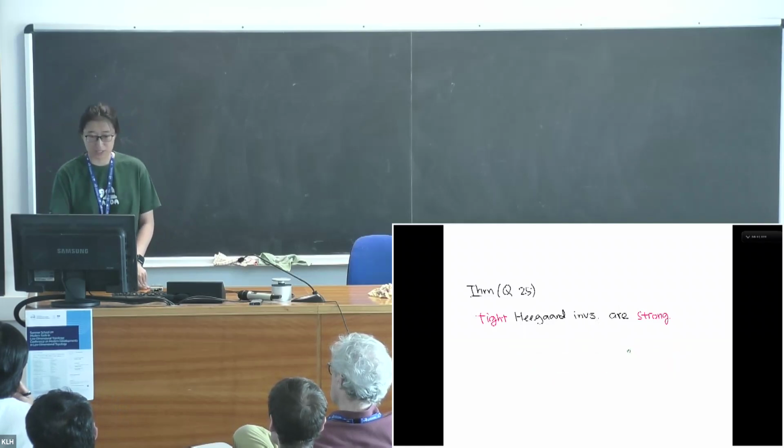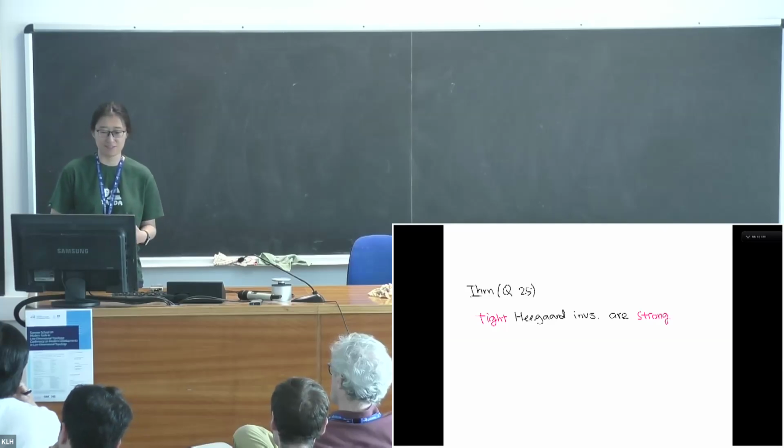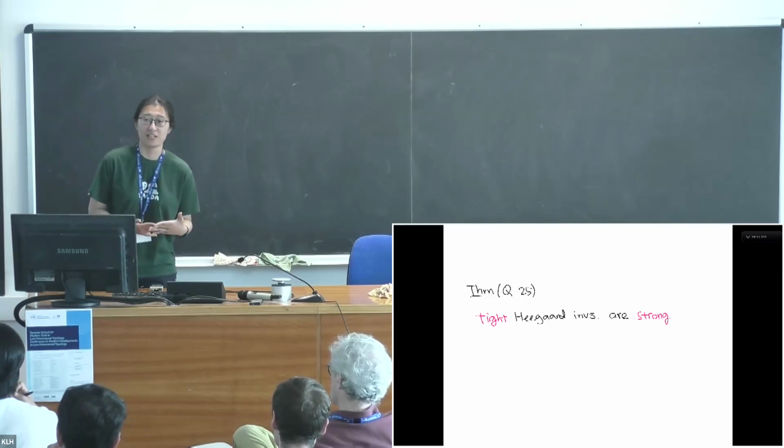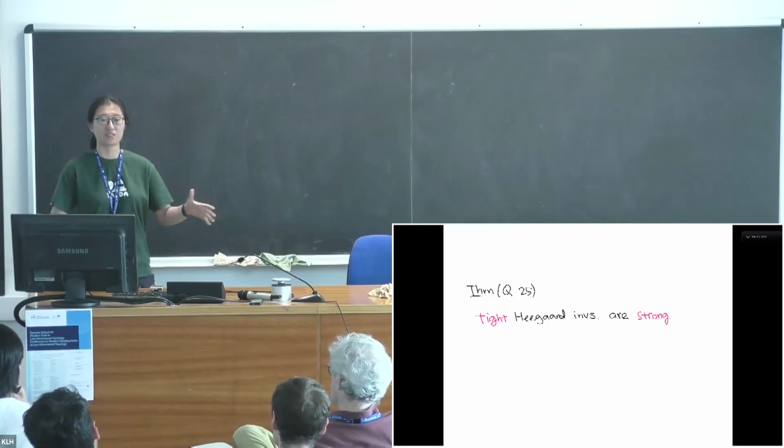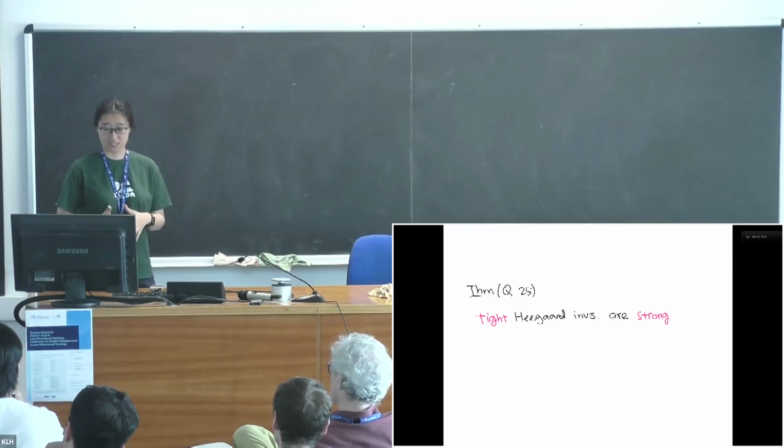So the goal is to review what strong Heegaard invariants are, and then define what tight Heegaard invariants are. Tight Heegaard invariants are defined in a way that they could be used as a step in establishing naturality over Z.